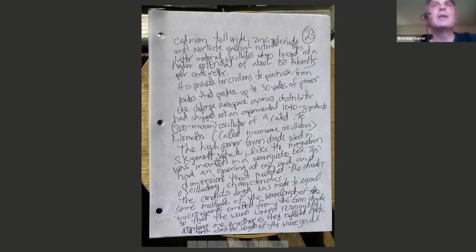The latter materials oscillate when biased at a higher potential of about 150 kilovolts per centimeter.